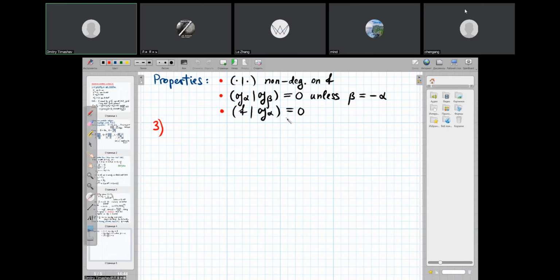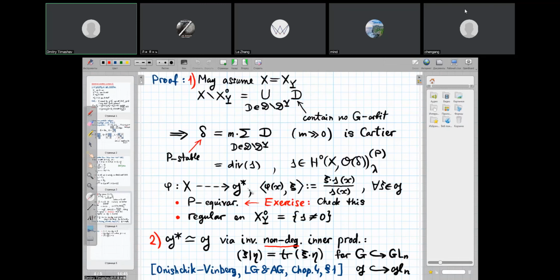Okay. So coming back to our proof, let's recall that we have this eigenweight lambda for the canonical section corresponding to this divisor delta, to this P-stable divisor delta, which is the sum of all colors in the complement of the open B chart.